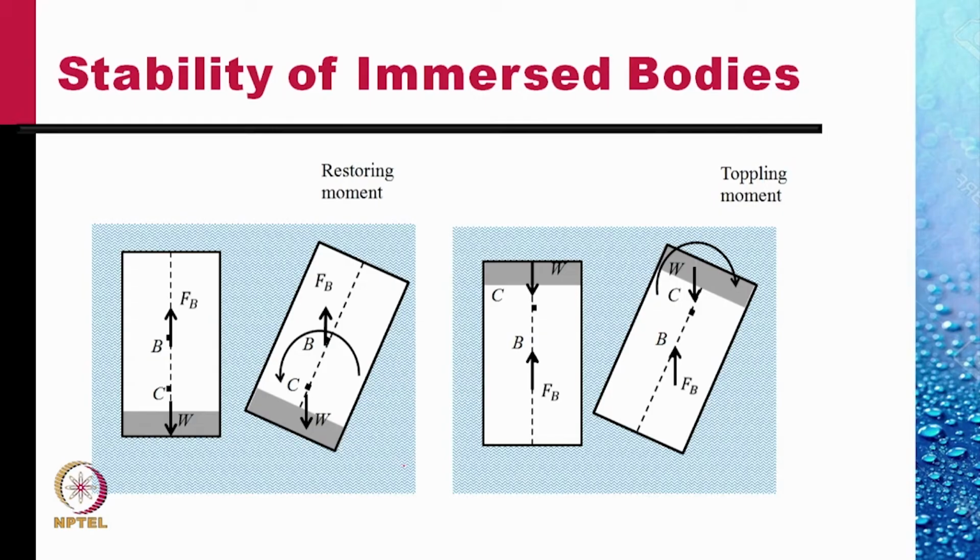In this case, it is the center of the rectangle. In equilibrium position, the two forces are equal and there is no moment on the body because the weight force and the buoyancy force act in the same line.